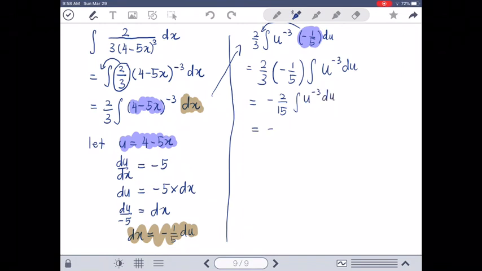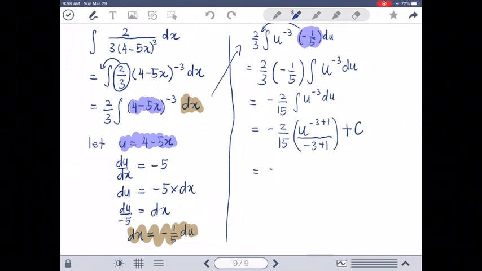Now we integrate as usual. u becomes u to the power of negative 3 plus 1 over negative 3 plus 1 plus c. So becomes negative 2 over 15 times u to the power of negative 2 over negative 2 plus c, you can simplify that, negative divided by negative becomes positive.